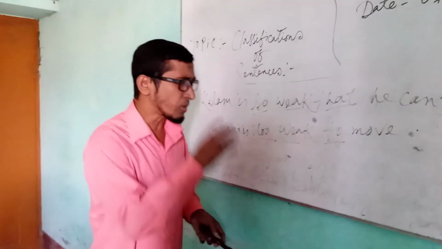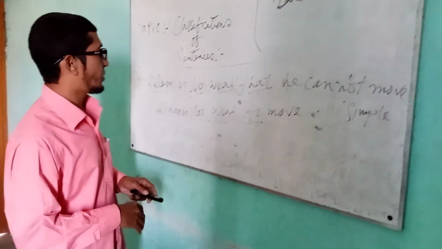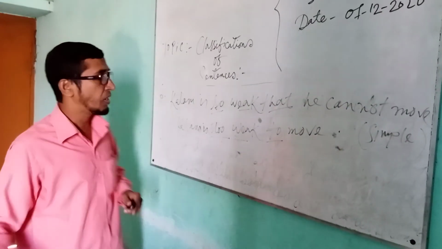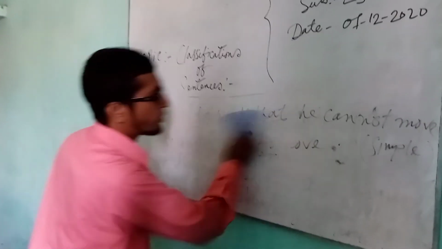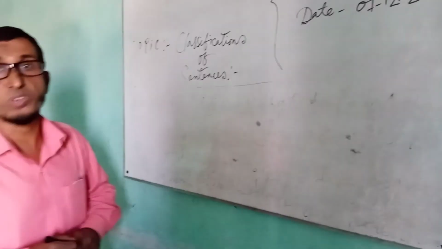So these are the instances of complex sentences. Now, my dear listeners, I am telling the last rule. Please notice here very carefully. Rule number 7. We will finish within a very short time.